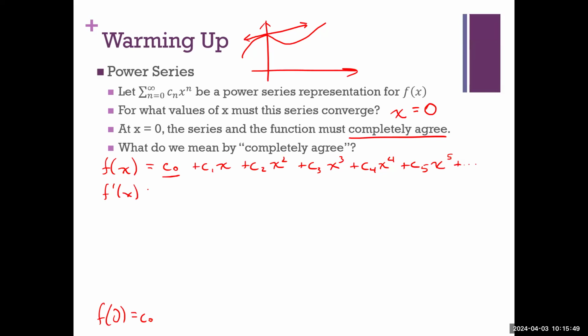If I take the derivative of this, what does that look like? 0. What's the first nonzero term? c1, then 2c2 x plus 3c3 x squared plus 4c4 x to the third plus 5c5 x to the fourth, right?